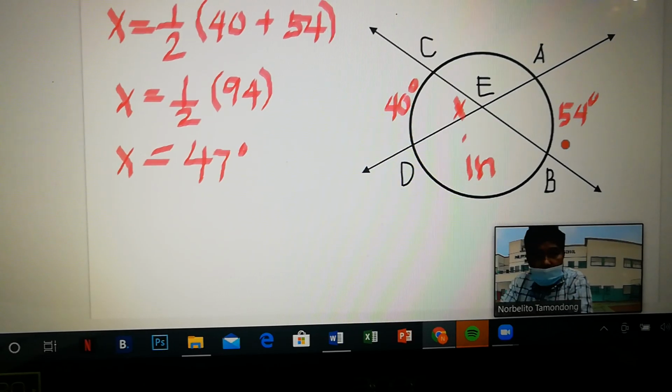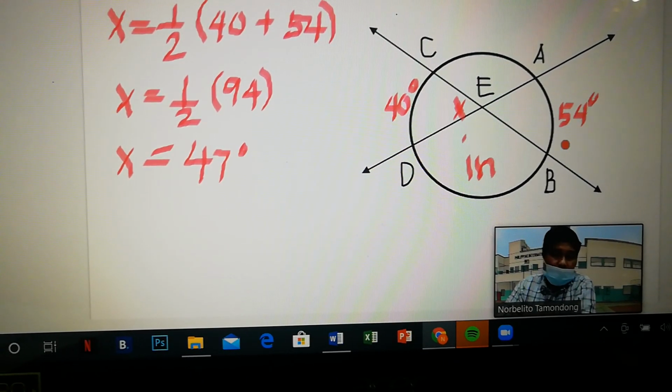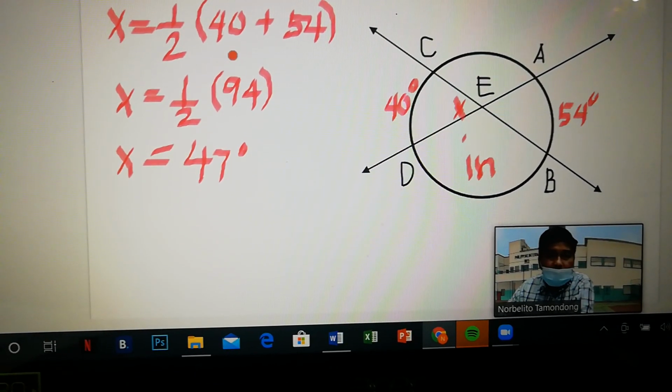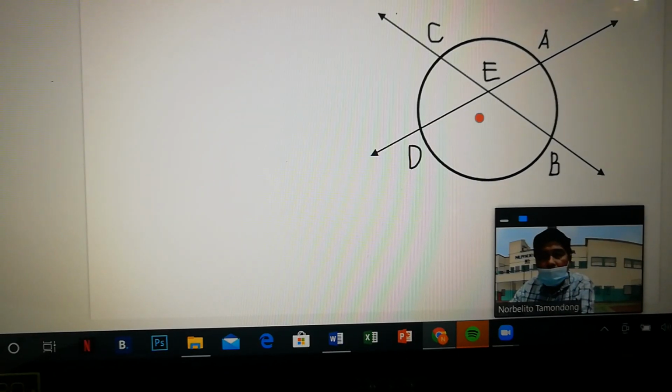Okay, so that is if the angle formed is inside the circle, you will simply add the sum of the intercepted arc and the arc of the vertical angle. Okay, next is, how about if one of the intercepted arcs is not given?